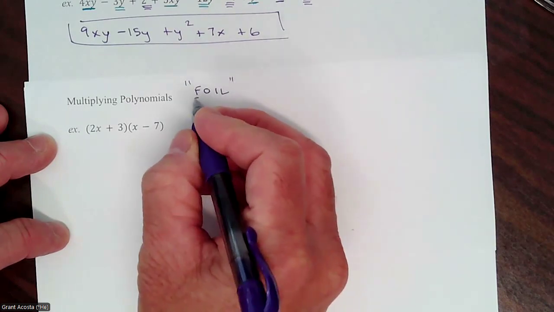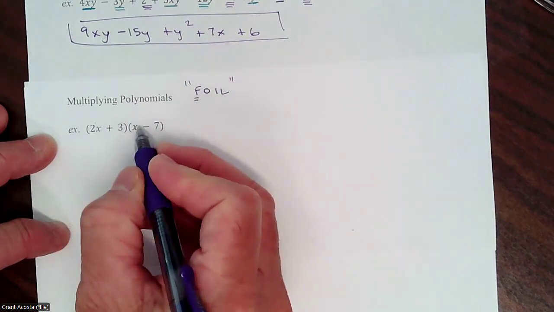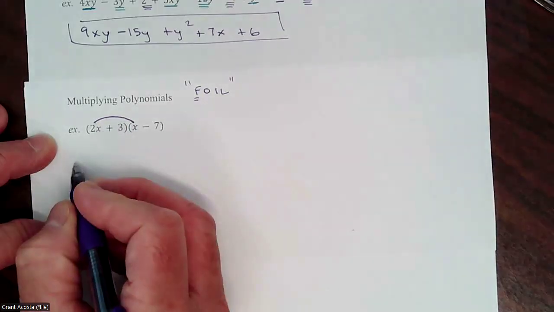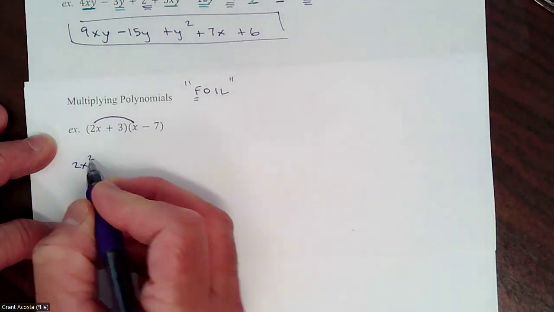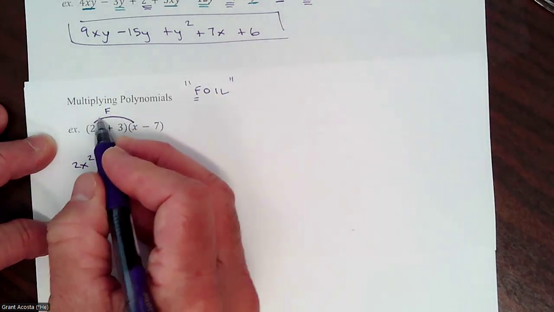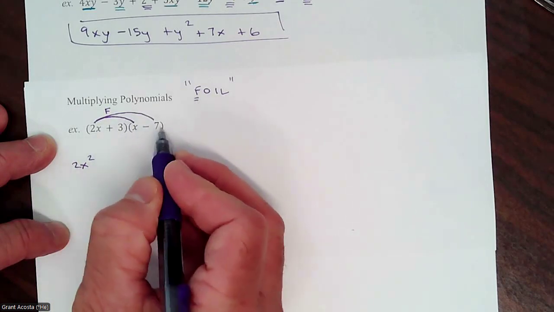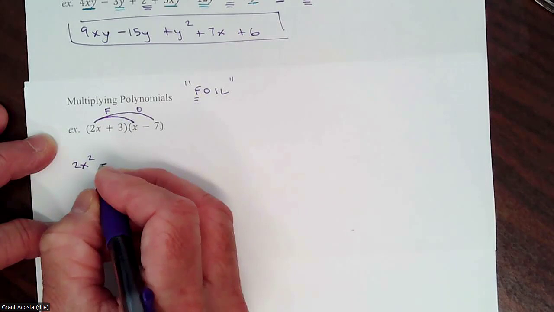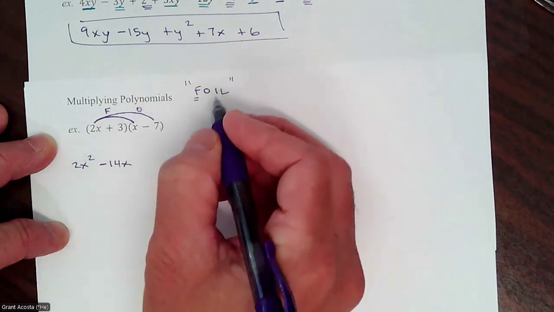Foiling stands for: you're going to multiply the first terms together, the first term of each binomial here. So we're going to multiply 2x times x. That's going to give me 2x squared. This stands for the F. Outside means I multiply the two outside terms, the ones on the very end. So that would be 2x times negative 7 is minus 14x.